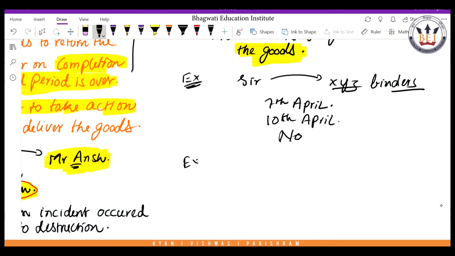Let us take a second example. This is a more interesting one. Let us say there is one Mr. Ayush. I'm not able to recollect many names, so I have one person that I'm recollecting the name of. So Ayush enters into a contract with railways, right?